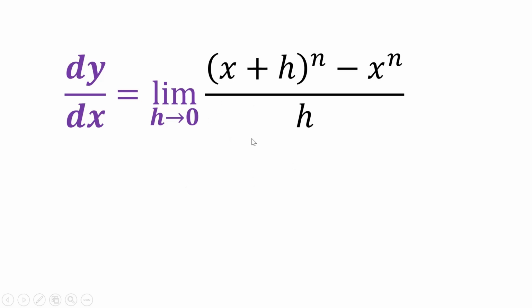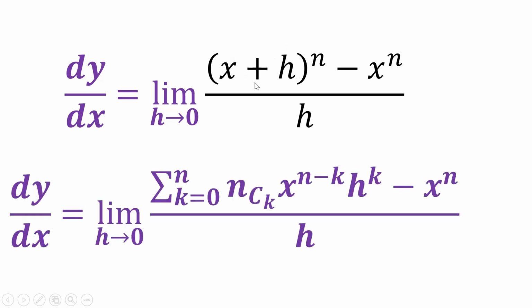The question is, how do we expand this side? We can expand this side using binomial expansion. So by binomial expansion, this term here is going to be this summation, and this term is that.